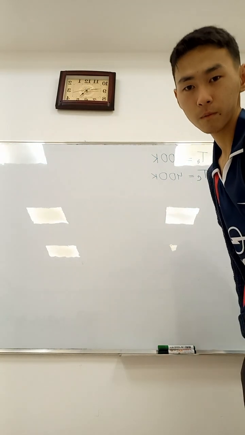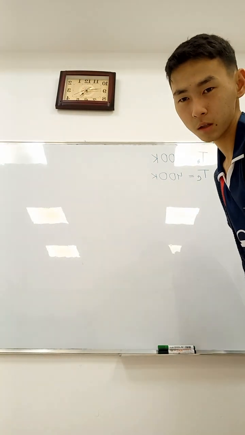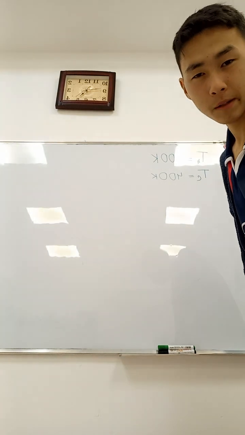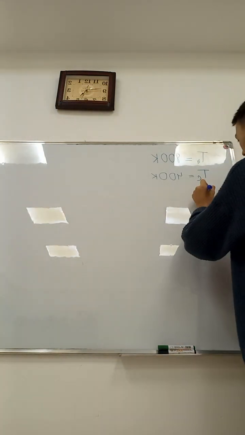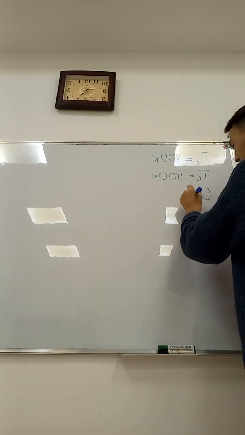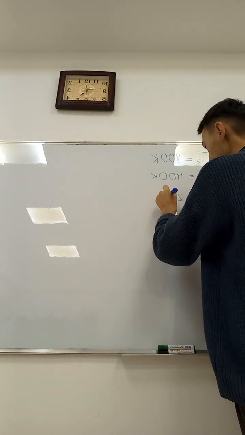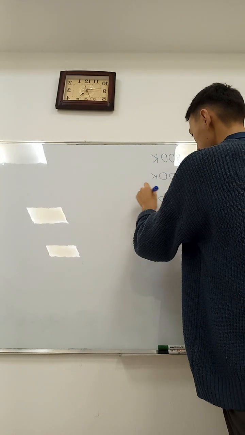We also have that during one cycle the engine absorbs 2400 joules. It's Q hot equal to 2400 joules.